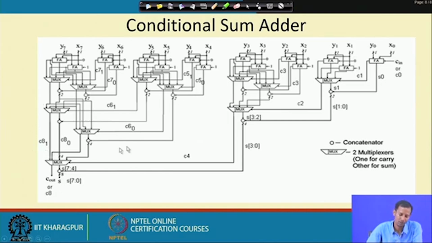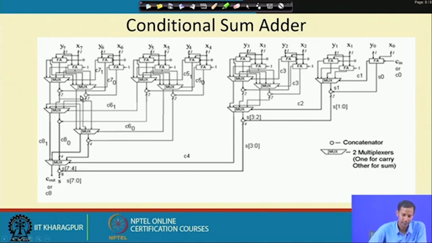So based on this circuit, I get 4 bits from here and another 4 bits from this block. If I concatenate these two, I will get an 8 bit sum and 1 carry output bit. So this is the 8 bit conditional sum adder.